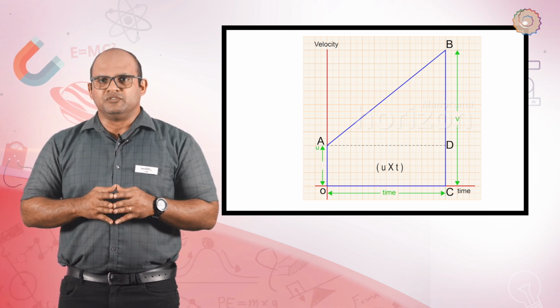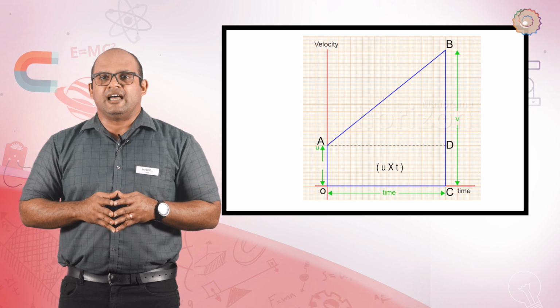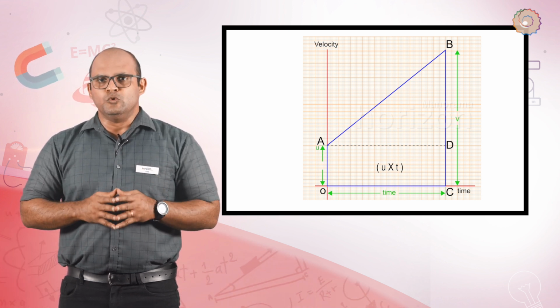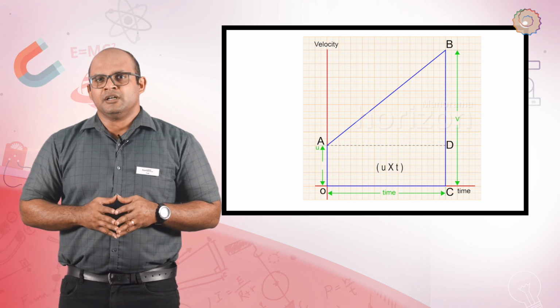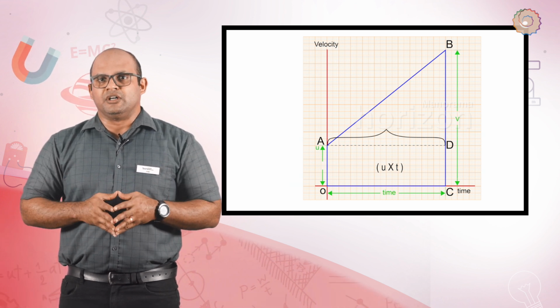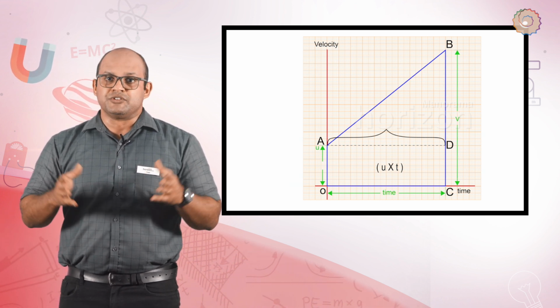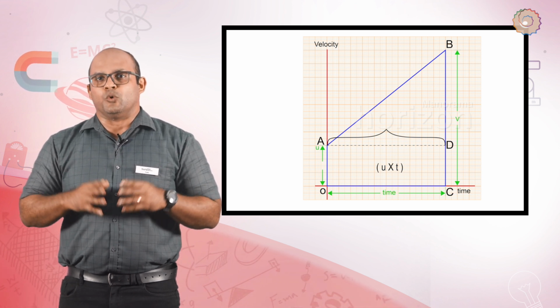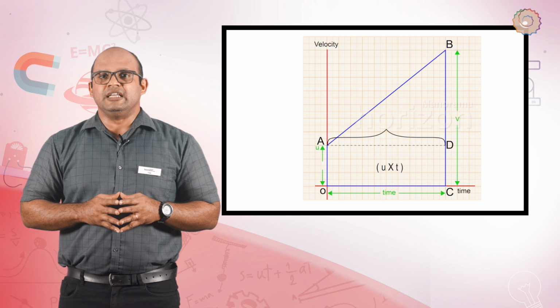So the area of this rectangle is equal to u multiplied by t. Looking at the triangle, we observe that the base of this triangle, which is AD, is parallel and equal to OC. So AD is also equal to t.